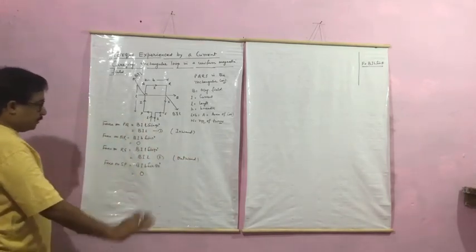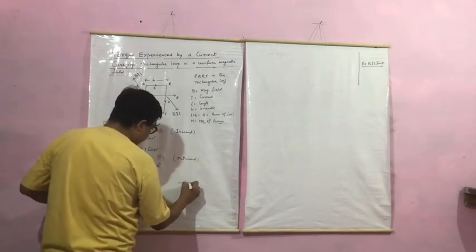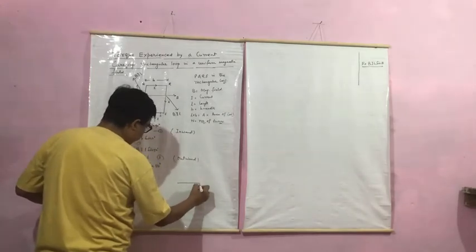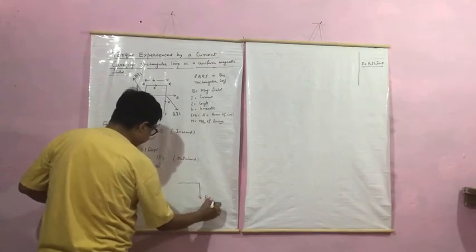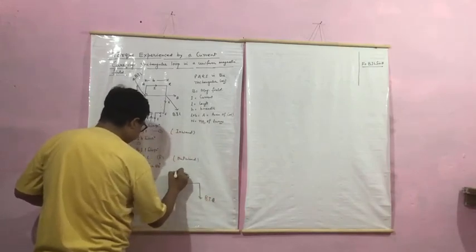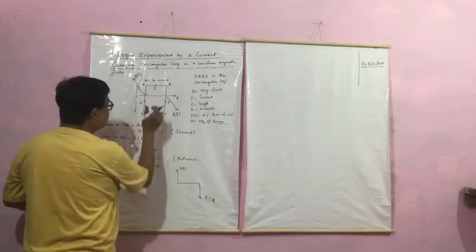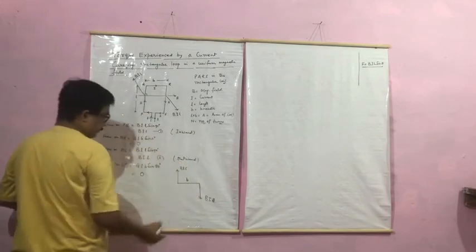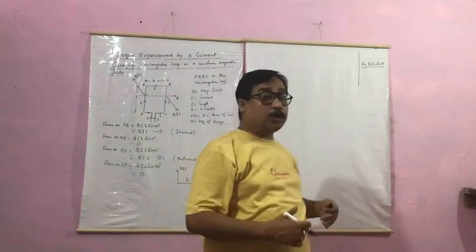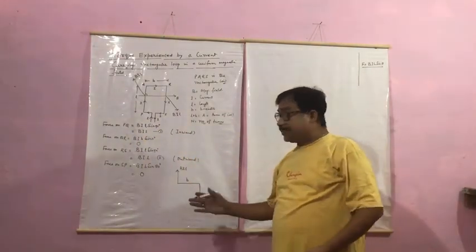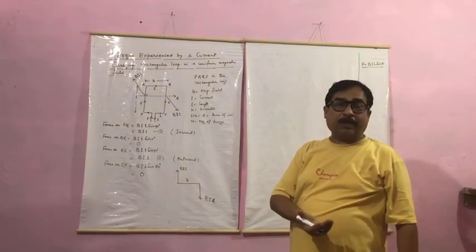Now you see the situation. We have two forces acting like this, BIL and BIL. And this distance is small b. So these two equal and opposite forces, and they are not collinear also, they constitute a couple. And moment of couple is called torque.